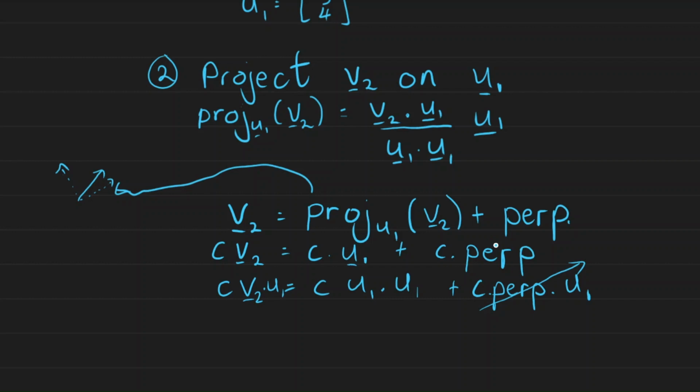So all we need to do now is just solve for this constant c. So this constant c is equal to v2 dot u1 divided by u1 dot u1.